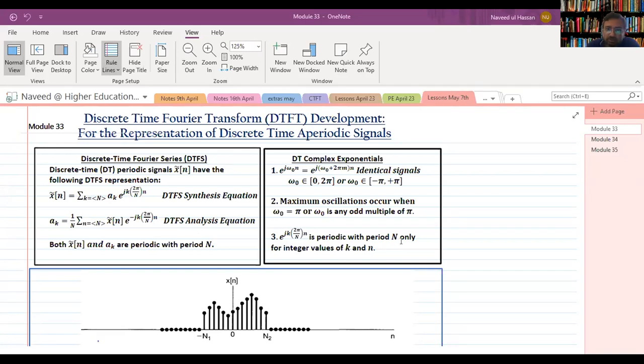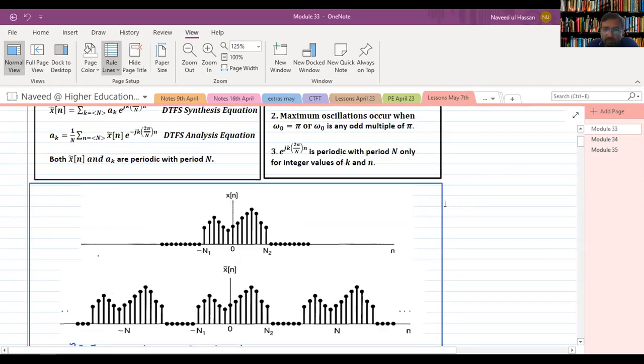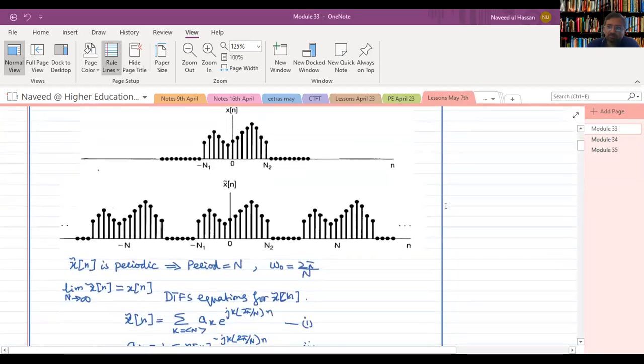The approach in its development that we took is similar to what we did for the continuous-time Fourier transform. We start from a discrete-time aperiodic sequence, and we consider a time-limited sequence, that is, it is non-zero between minus N1 and capital N2.